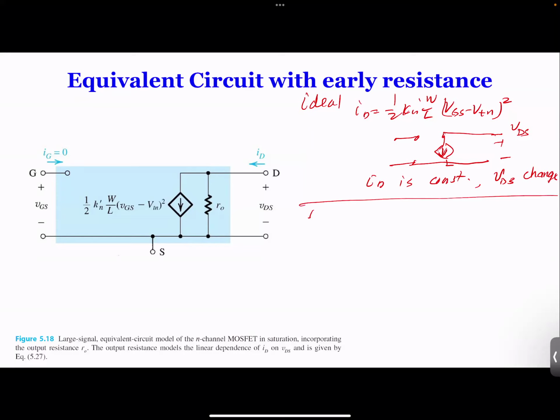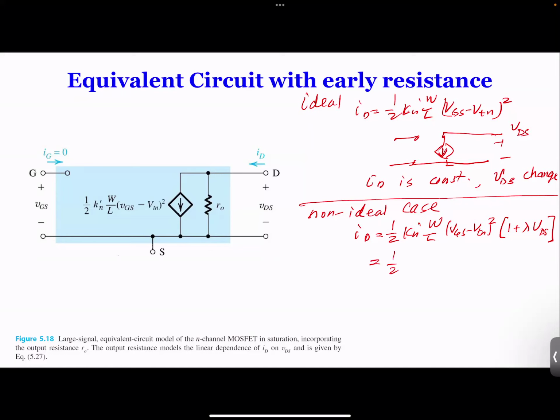But in the non-ideal case, our ID is going to change. So it's going to be 1/2 Kn prime W over L times (VGS minus VTN) squared, multiplied by (1 plus lambda VDS). So now it has something to do with VDS. We can decompose this into two terms.